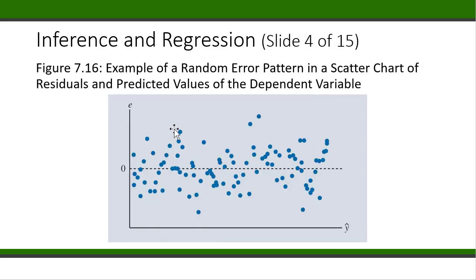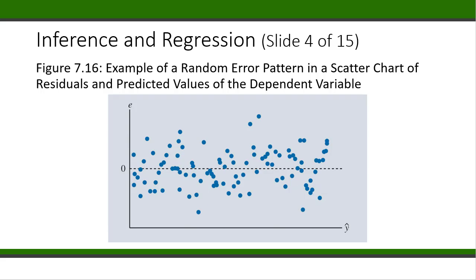We can also plot the residuals and predicted values of the dependent variable. Right? So this chart of residuals and independent variables is a way of assessing whether the conditions are violated.